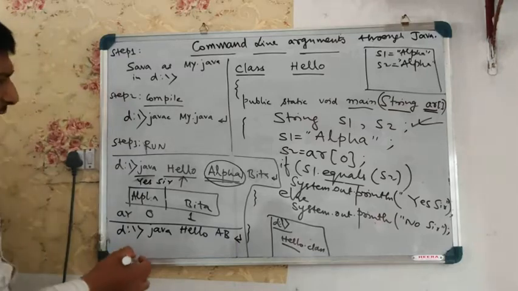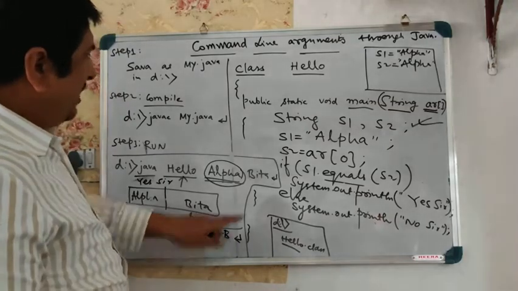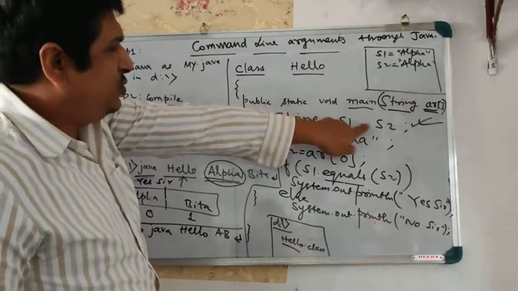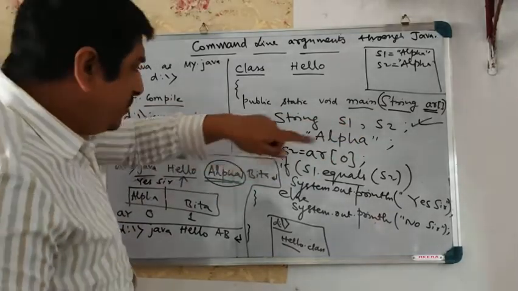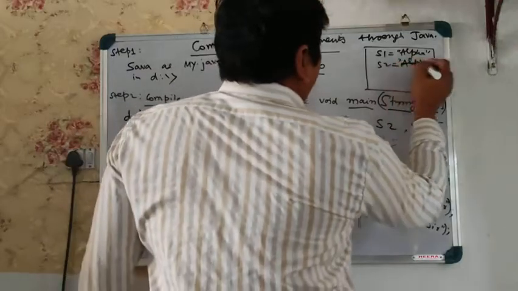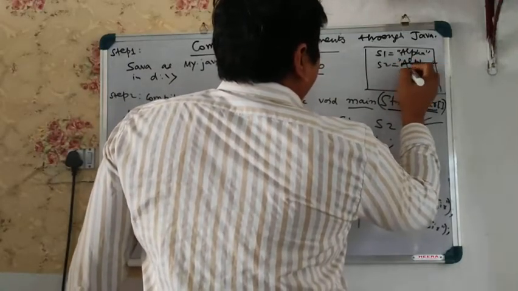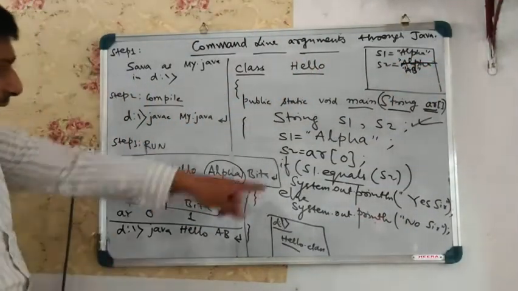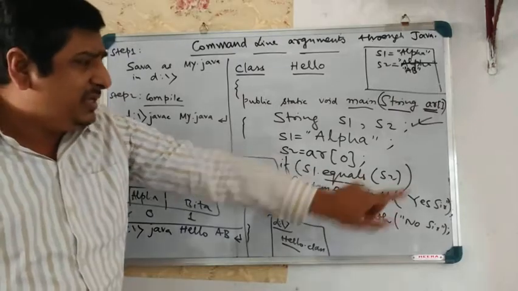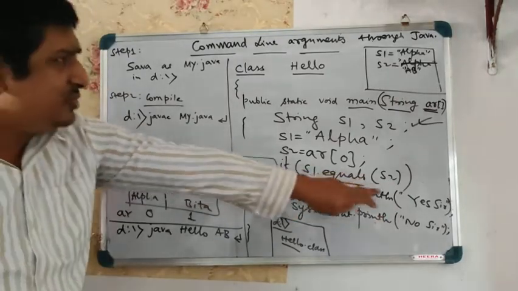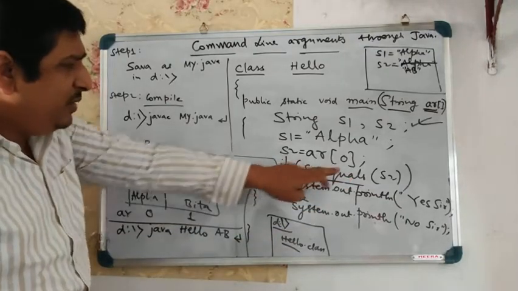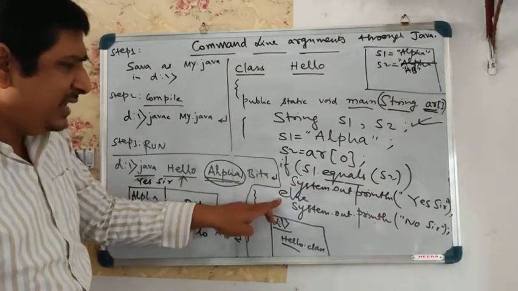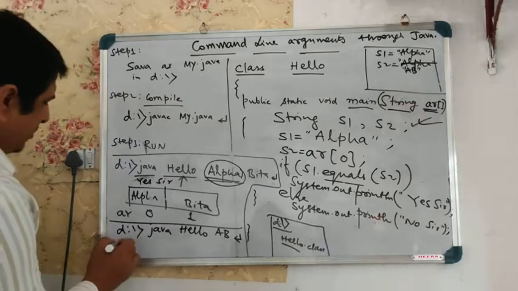Then again S1 will be there, S2 will be there, S1 becomes alpha, S2 becomes AB, and after that S1 dot equals S2. Are S1 and S2 equal? No, they are not equal, so it will be false, so it will come to the else part and it will print no sir.